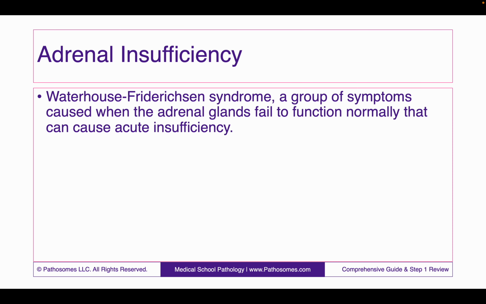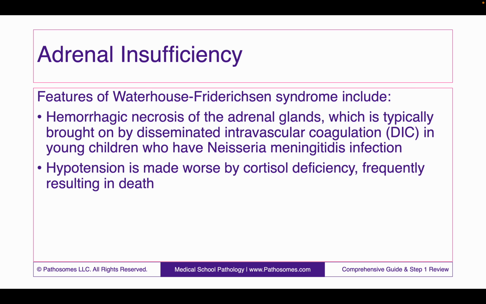Waterhouse-Friderichsen Syndrome is a group of symptoms caused when the adrenal glands fail to function normally that can cause acute insufficiency. Features of Waterhouse-Friderichsen Syndrome include hemorrhagic necrosis of the adrenal glands, which is typically brought on by DIC in young children who have Neisseria meningitidis infection. And hypotension is made worse by cortisol deficiency, frequently resulting in death.